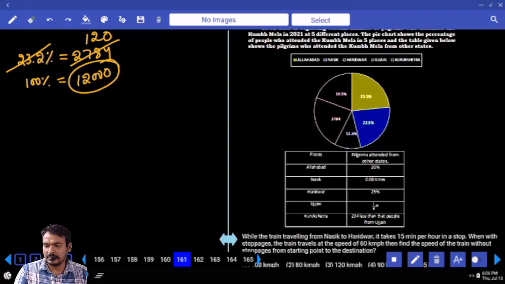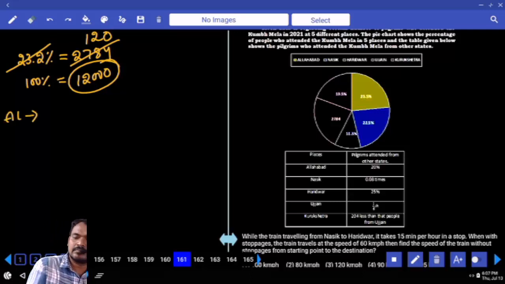And one more, what is the condition here? Places Allahabad, pilgrims attended from other states is how much? 20%. First, in Allahabad, what percentage is given? 23.5%.